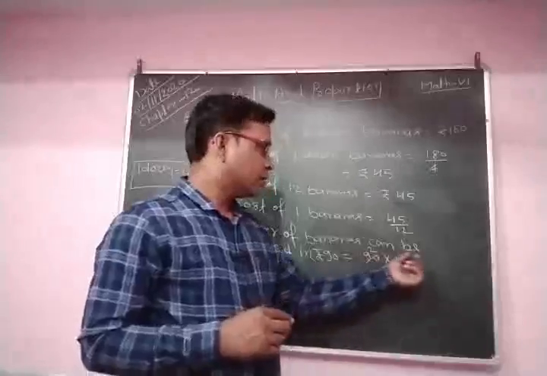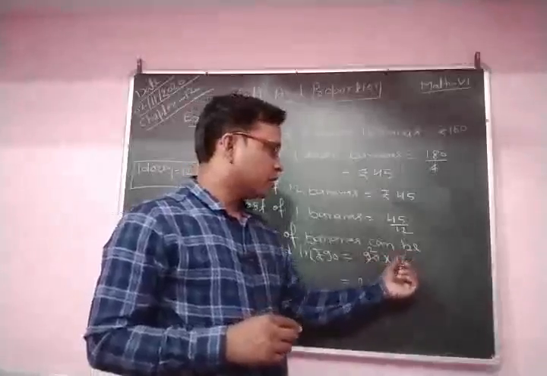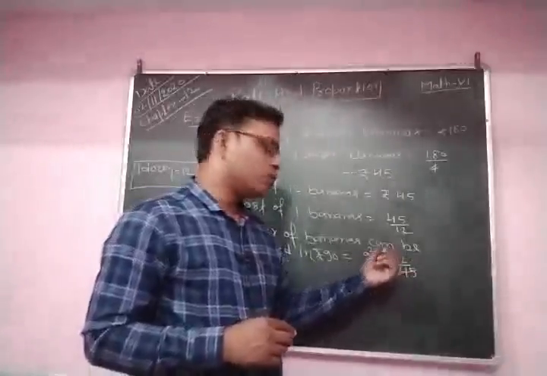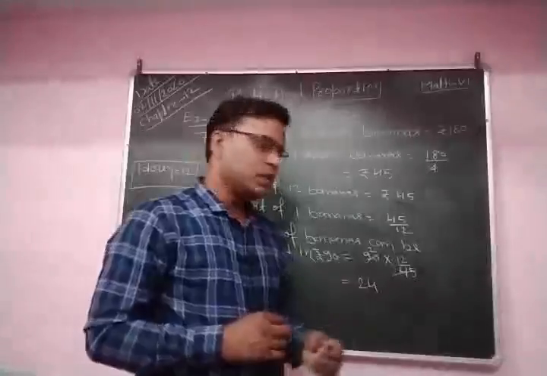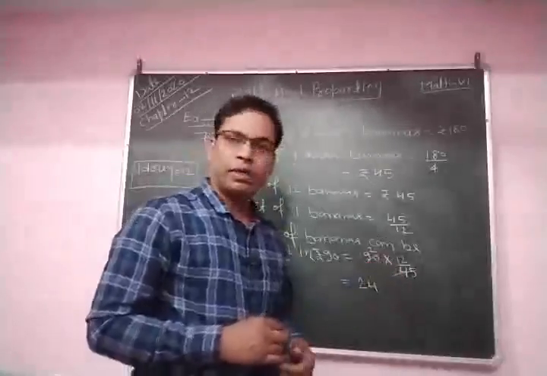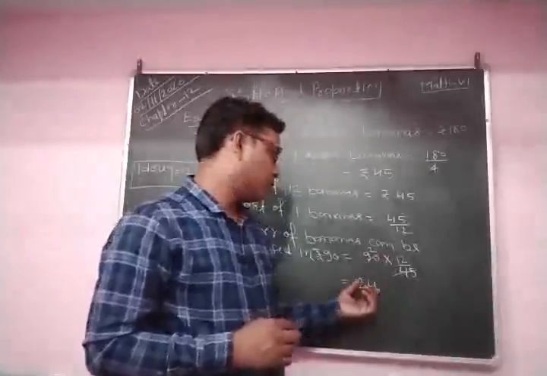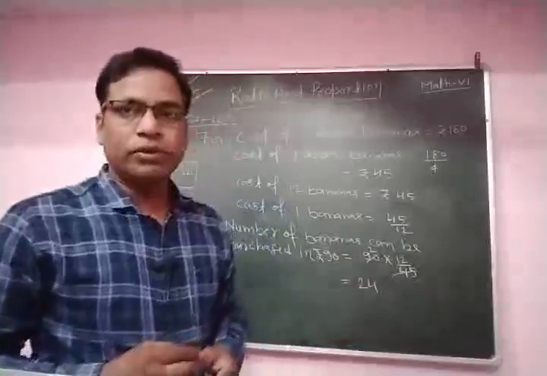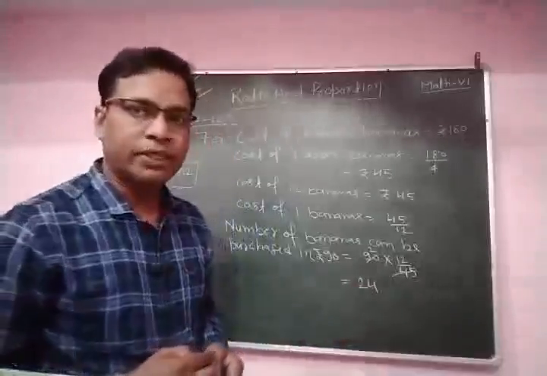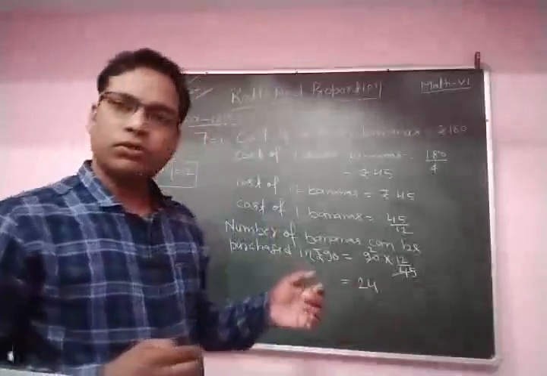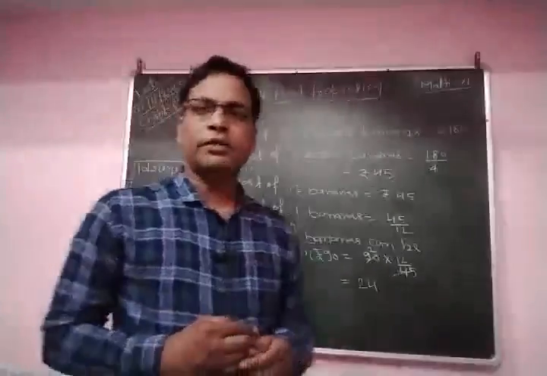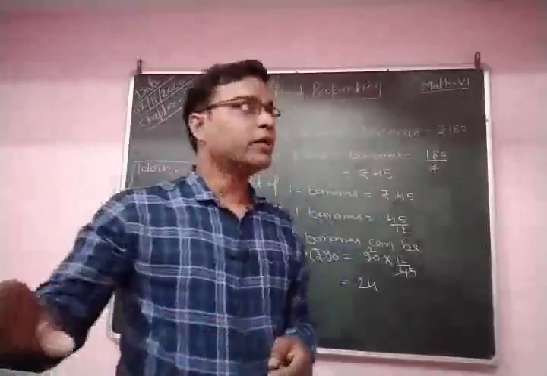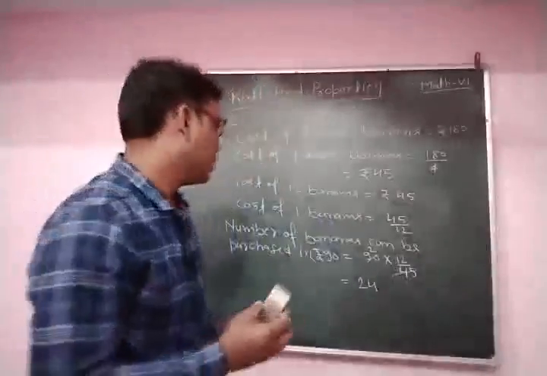So if you multiply 90 by 12 by 45, then you obtain 24 banana. This means 2 dozen banana. So you can purchase 2 dozen banana in 90 rupees. This is clear, student. I hope all of you understood this question. You can also solve this question like that.